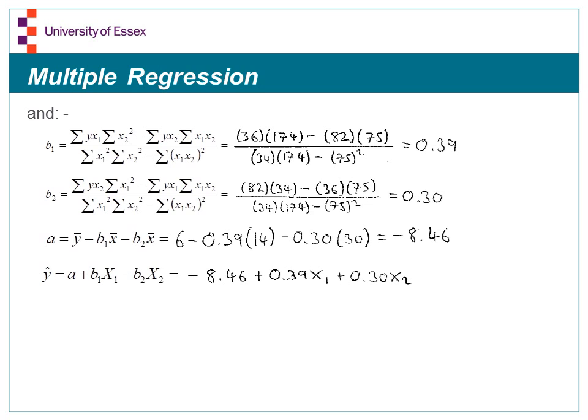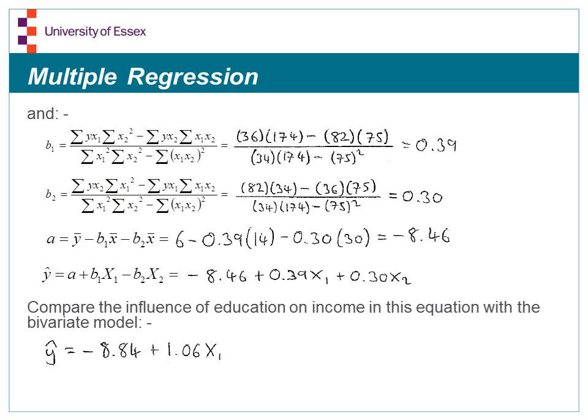It's minus 8.46 plus 0.39x1 plus 0.3x2. And if we compare that with the model that we calculated when we didn't have x2 to look at, when we had no information about age, our model looked like this, minus 8.84, so looking very similar to our intercept on our multiple regression model.